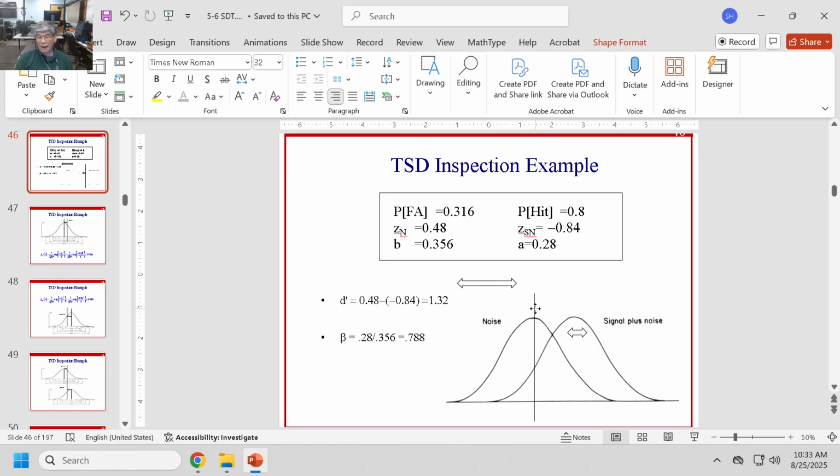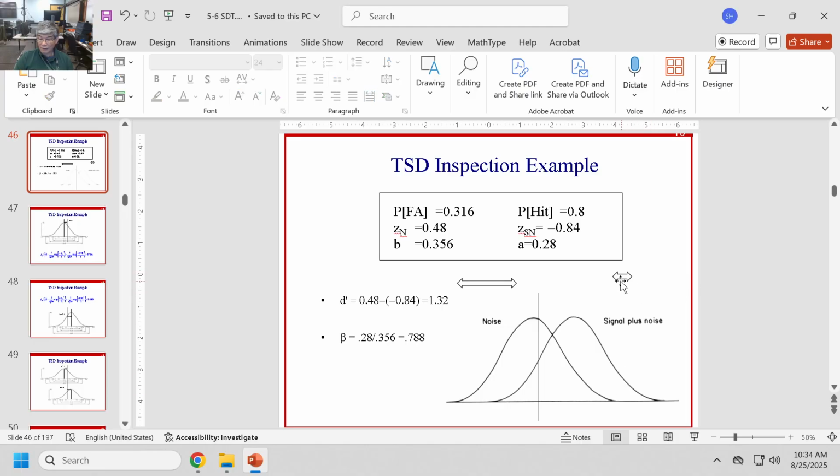If it's 0.5, it's right here, right? So it's probably a little bit here, but it's pretty close to the middle. And then for hit, I have 80% hit. So I know that, to agree with me, I'm on the left side of the signal mode, left side of the peak.